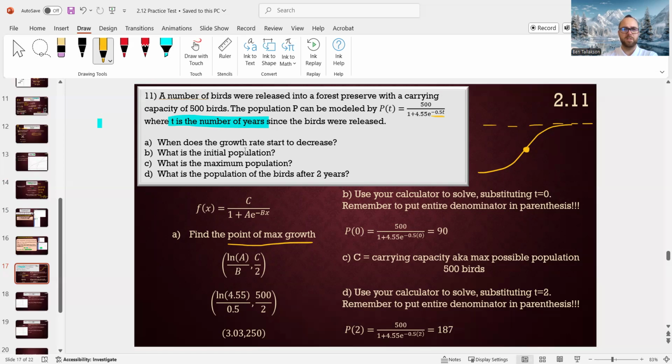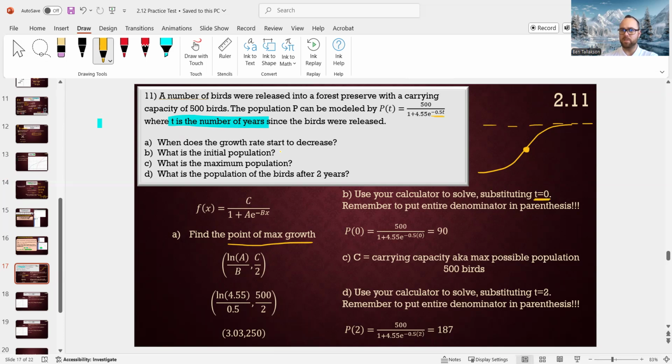B, what is the initial population? That means how many birds were in this forest preserve the moment they put them in. How much time has passed? Okay. How much time? Well, it's the exact moment they were released. So no time has passed.